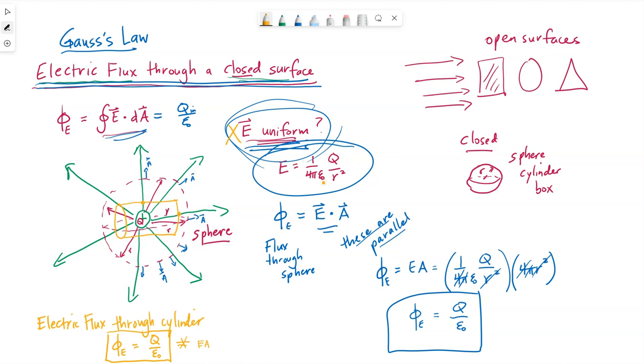But here, Gauss's law: the electric flux through a closed surface, some sort of three-dimensional surface, like a sphere, a box, or a cylinder, ends up being equal to the charge located within the surface divided by epsilon naught.